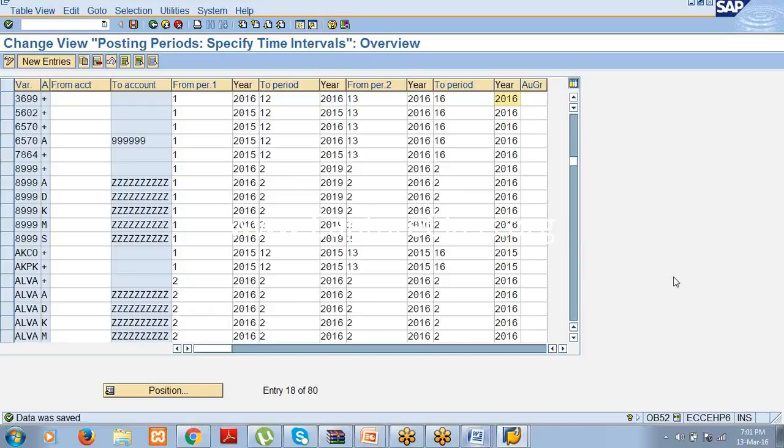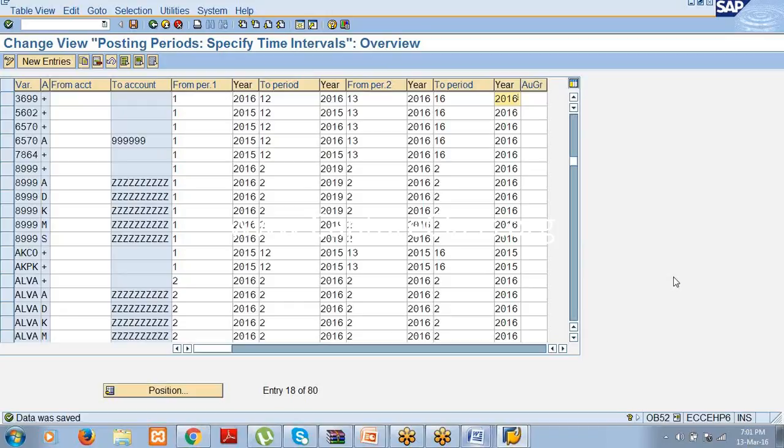Sir, you are taking from period 1, that means it is January. Sir, is 1 equal to January? Exactly. 1 means January in the case of calendar years. Okay, sir, now it's clear. 12 is December. Yes, exactly.